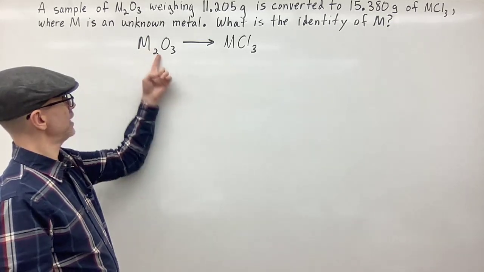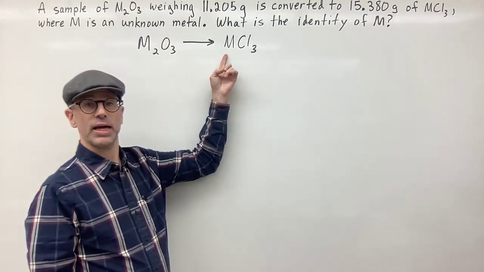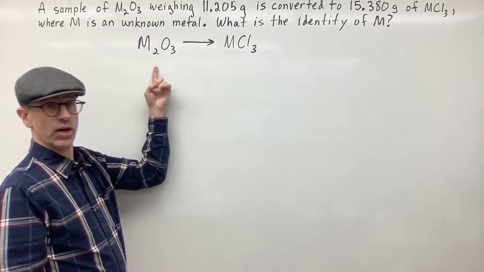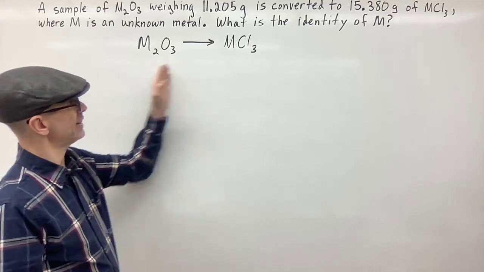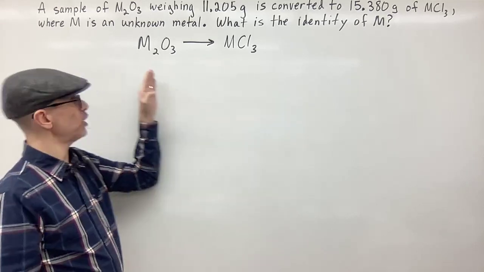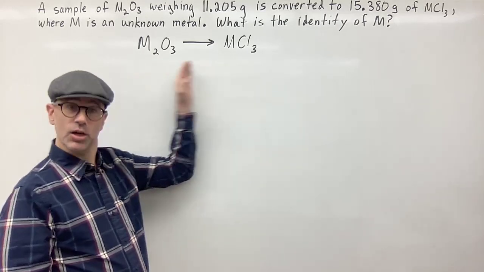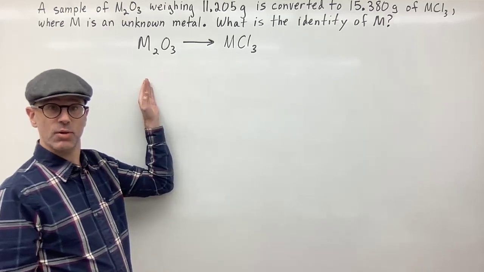So notice that I have a 2M here, but I only have a 1M here. So whatever number of moles of this substance that forms, in order to get the same number of moles of M, here I have 2 moles of M on this side. Again, because of the conservation of mass, we need to balance the equation.